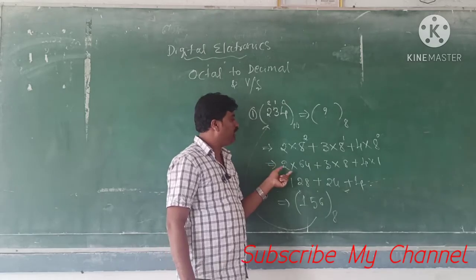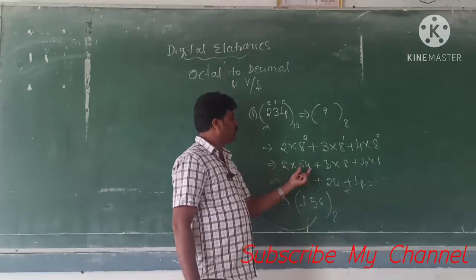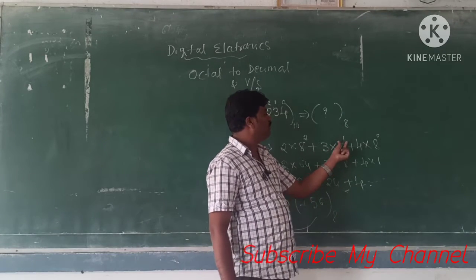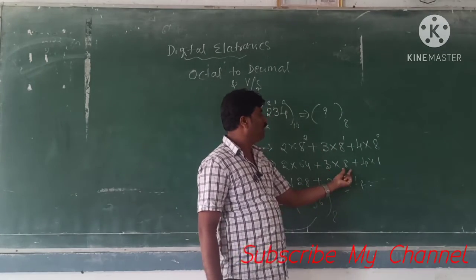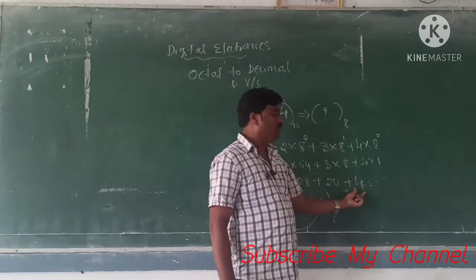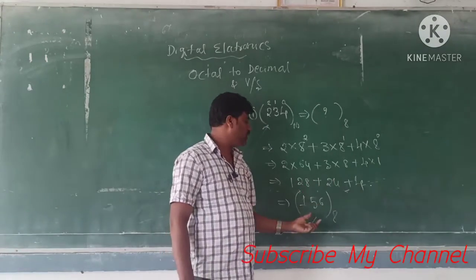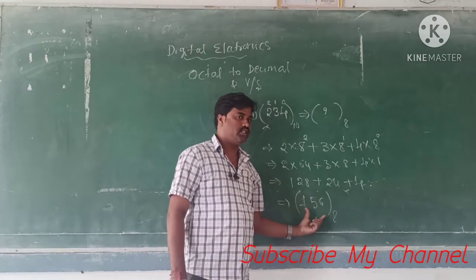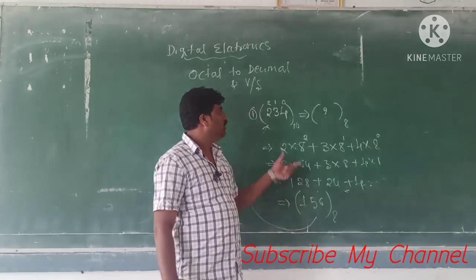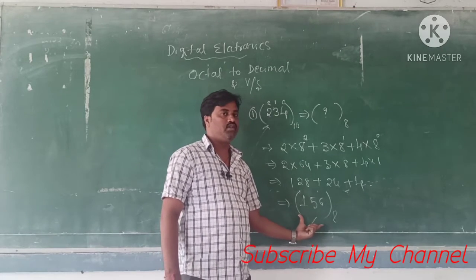Now we multiply each. 8 raised to 2 is 64, 2 into 64 is 128, and 3 into 8 is 24, 4 into 1 is 4. The total addition is 156. In this way we convert decimal number system to octal number system.